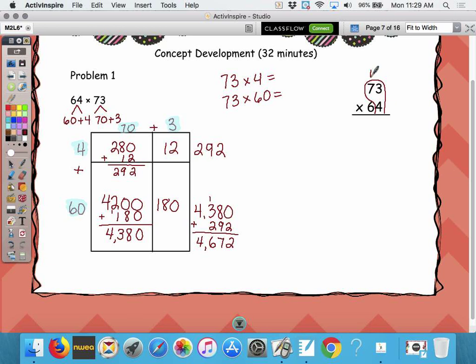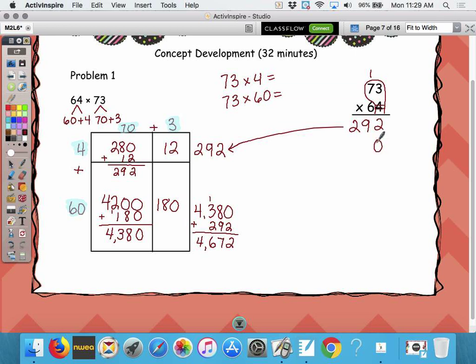So regroup the 1, write the 2. 4 times 7, 28, plus 1, 29. Okay, do we have a match? Okay, draw your arrow.